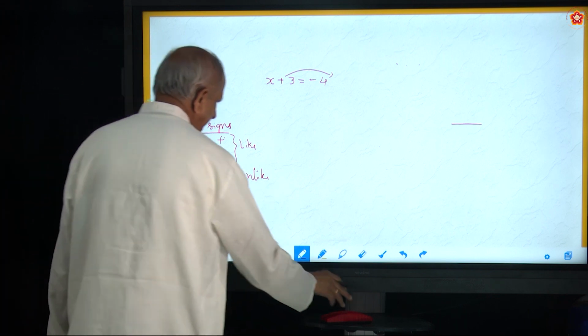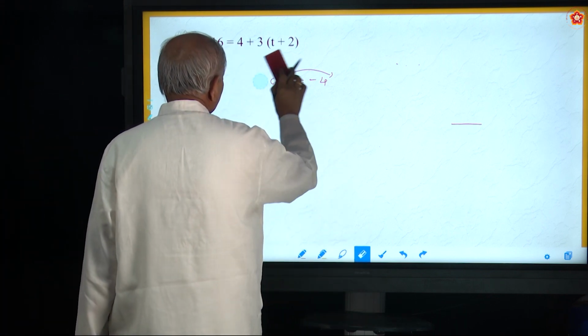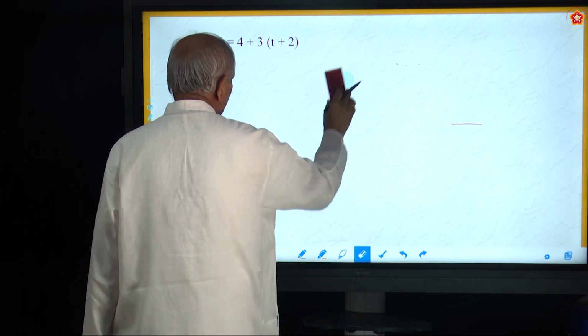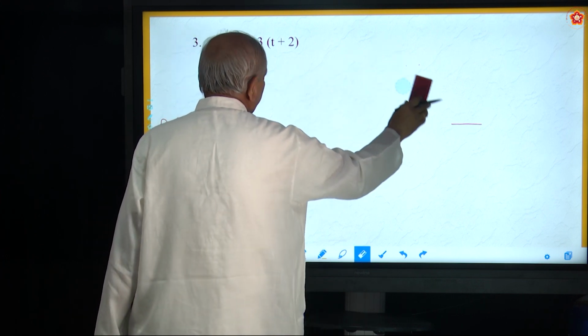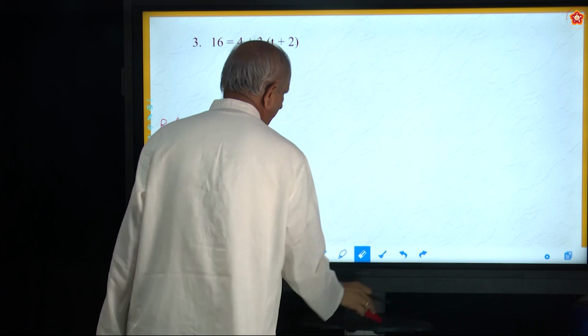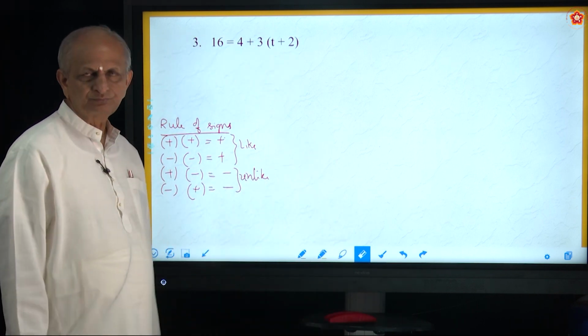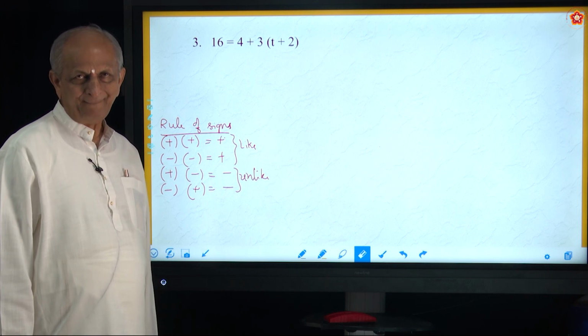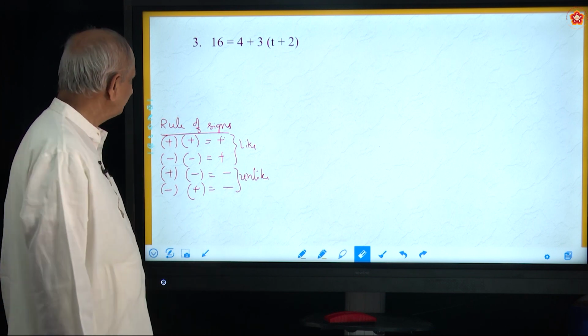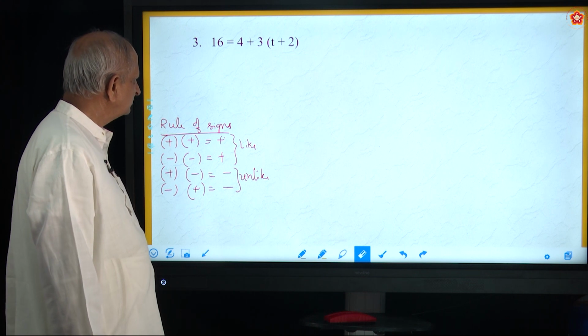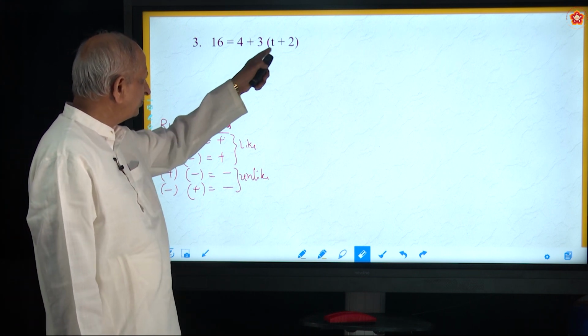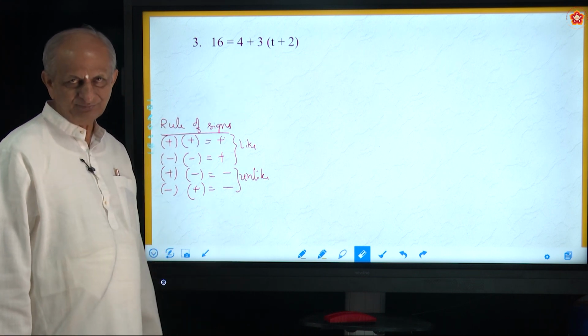What is the next question? 16 is equal to 4 plus 3 into t plus 2. What is the variable here? T, and it is multiplied, t plus 2 is multiplied by 3 here, is it not?